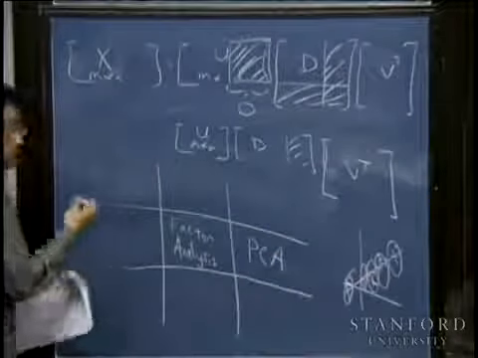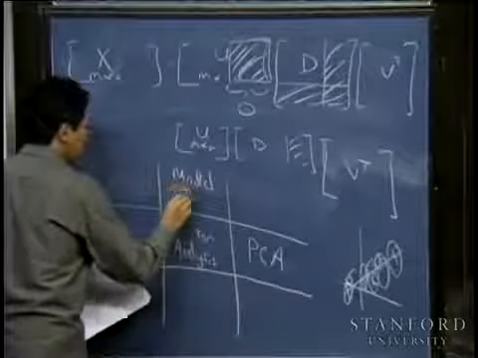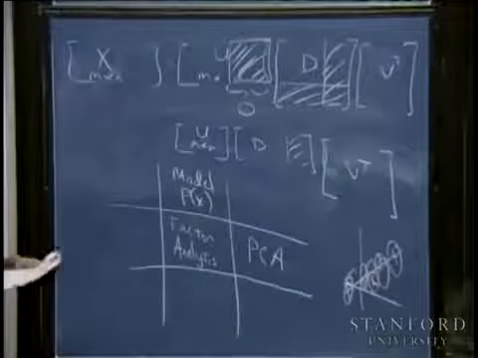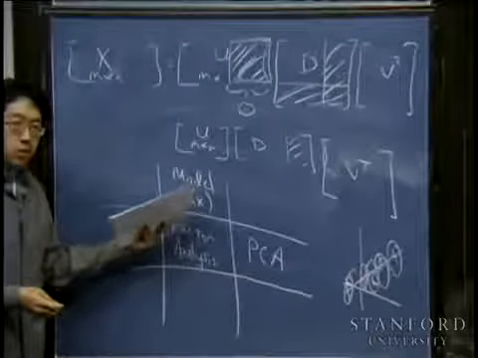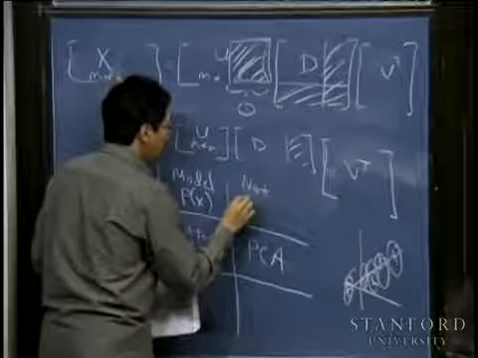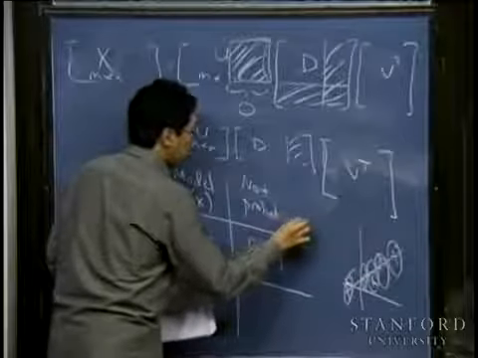The difference between factor analysis and PCA, the way I think about it, is that factor analysis is a density estimation algorithm. It tries to model the density of the training examples X, whereas PCA is not a probabilistic algorithm.